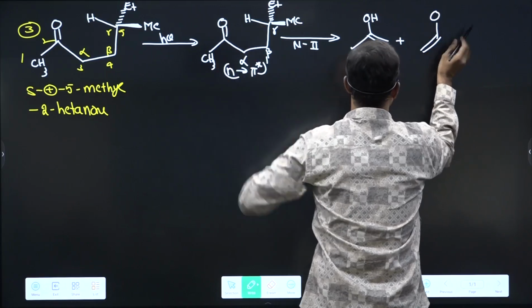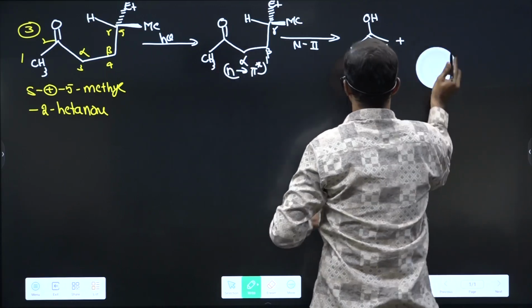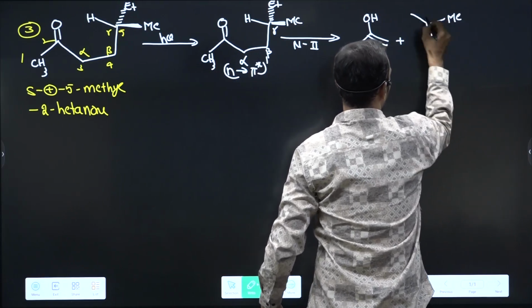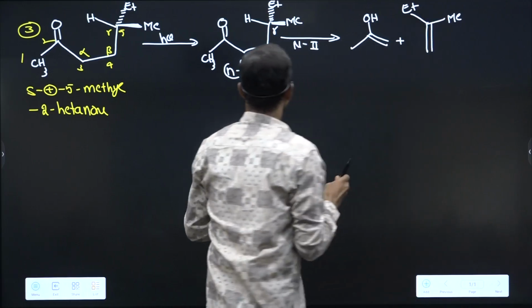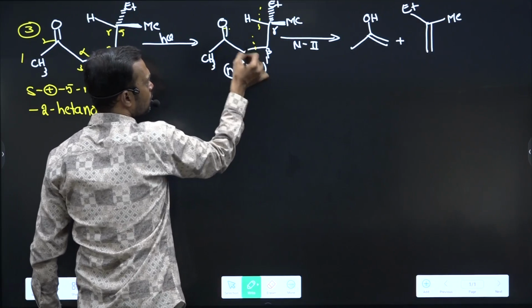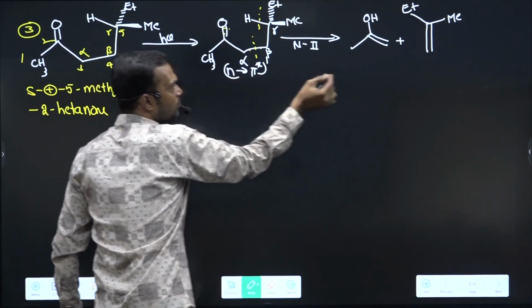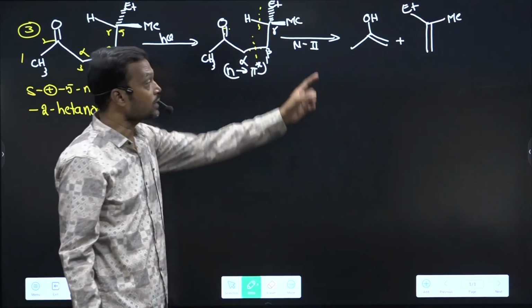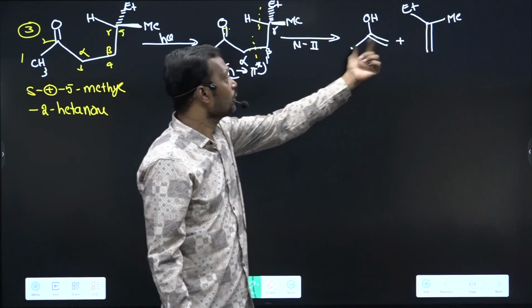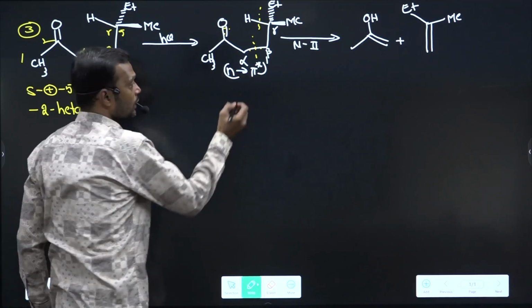Here I am writing the double bond, methyl, and this is ethyl. If you break this bond and this bond, you will get a double bond, and this carries a double bond. So this is the direct Norrish type 2 product from the n-π* singlet.